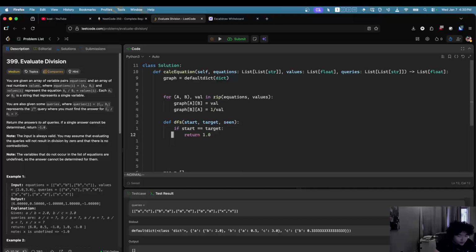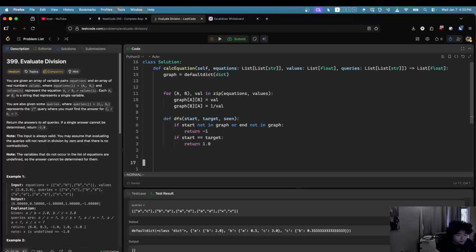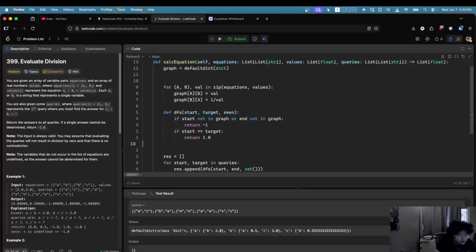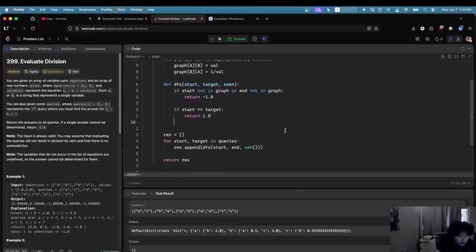If start not in graph or end not in graph, return -1. Pretty straightforward. Those are the base cases. If any of those are not in the graph, then that's bad, so we return -1.